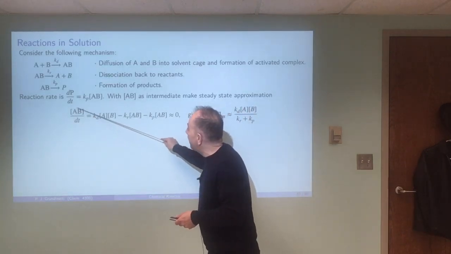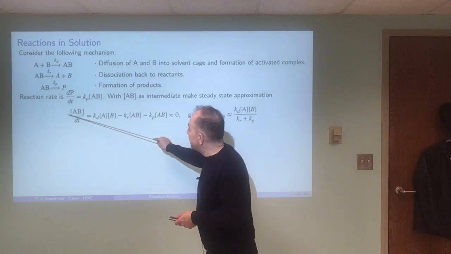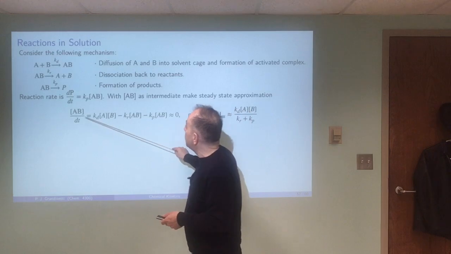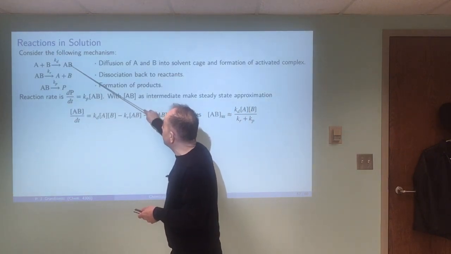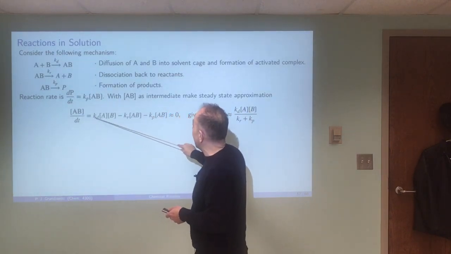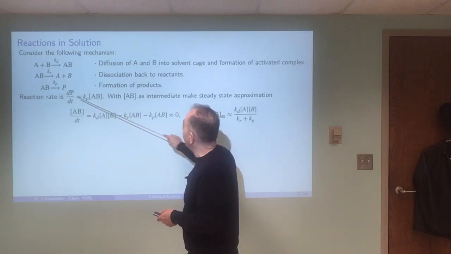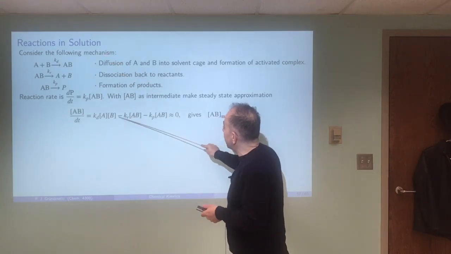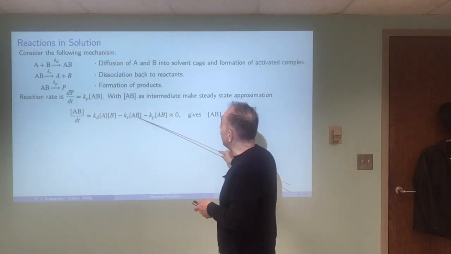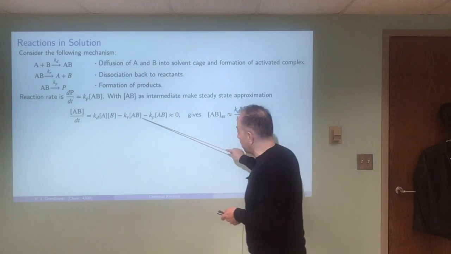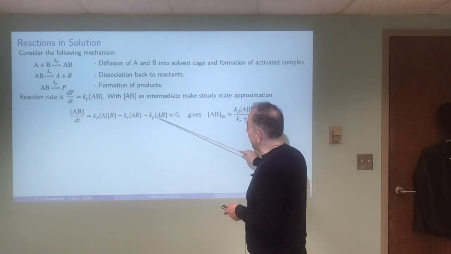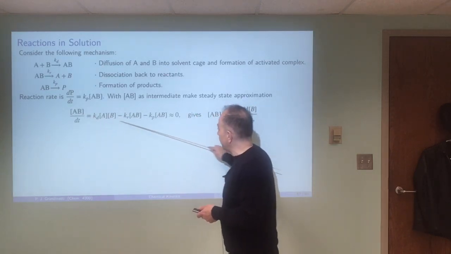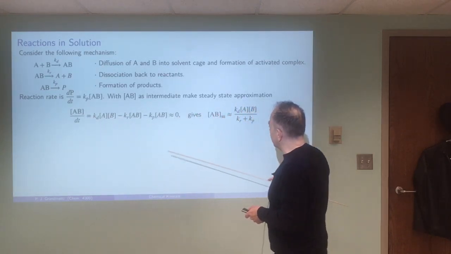We can write down that d[AB]/dt, sorry about the missing d there, is equal to the formation of AB, which is Kd times A times B, and then the loss of AB by disassociating, which is minus Kr times AB, and then the formation of the product, which is a loss, so minus Kp times AB. In the steady state approximation, we'll assume that this derivative is equal to 0.